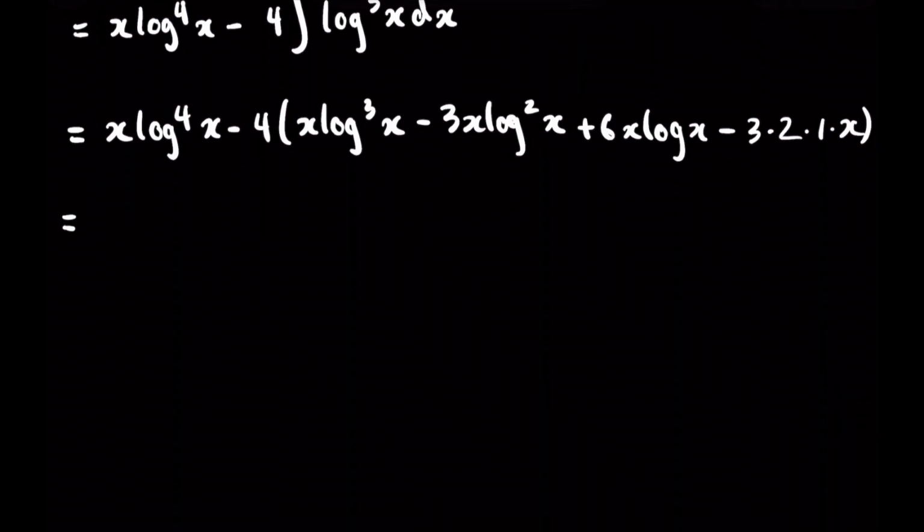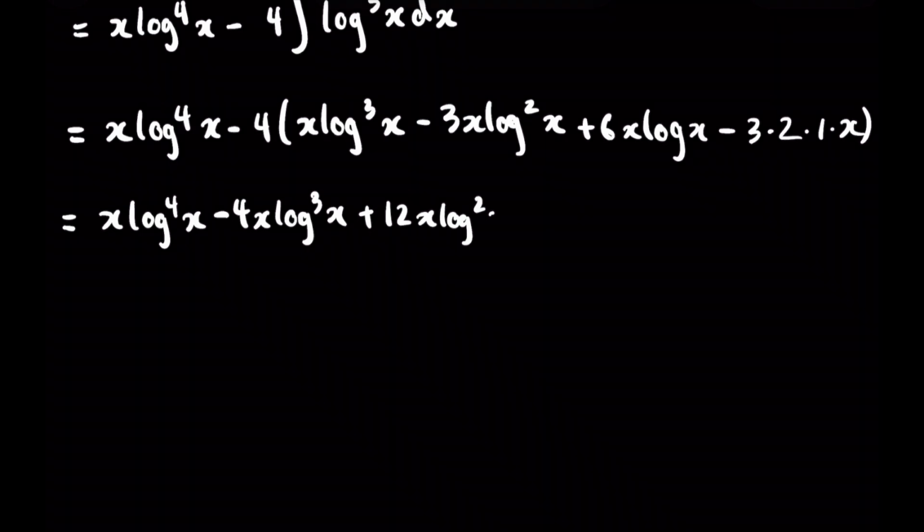And let's distribute the negative 4 out, and we get x times log to the 4th x minus 4x log cubed x plus 12x log squared x minus 24x log x plus 4 times 3 times 2 times 1 times x.